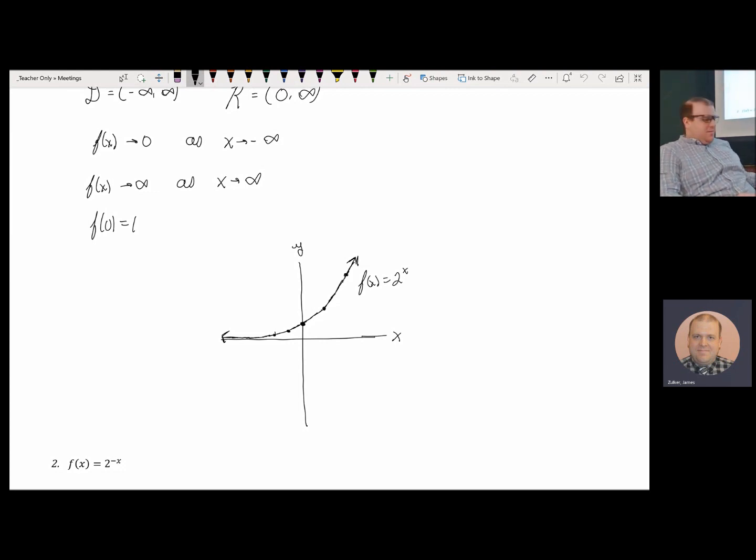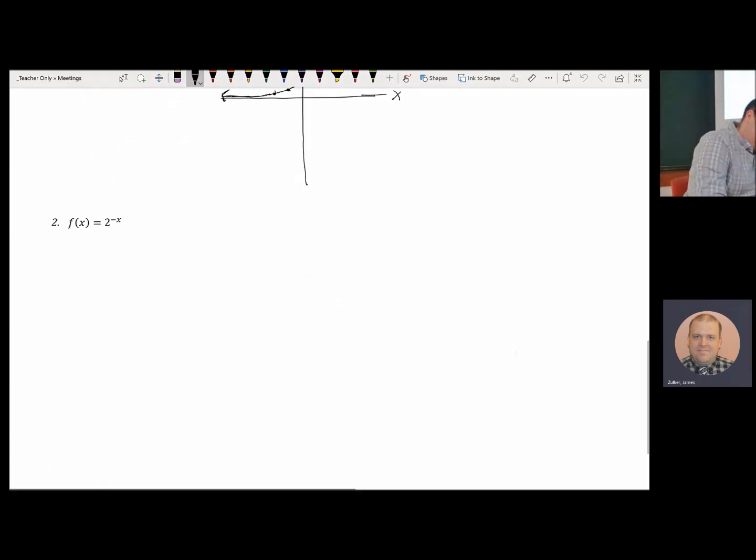Now, 2 to the negative x. From our transformations, we should already know what this graph looks like. However, as it looks right now, 2 to the negative x does not look like an exponential function.